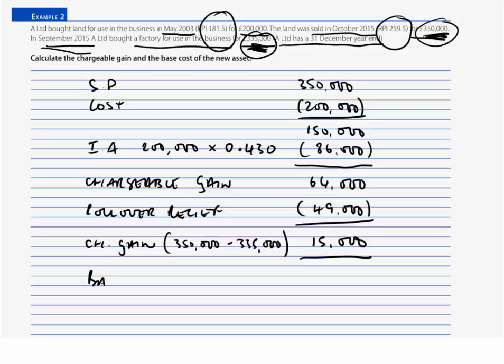Well, the base cost of the newly acquired asset will equal what we paid for it, £335,000, less the gain deferred, the rollover relief of £49,000, and what will that equal? I think that will come to £286,000. So the base cost of the new asset is £286,000 for purposes of a future disposal.